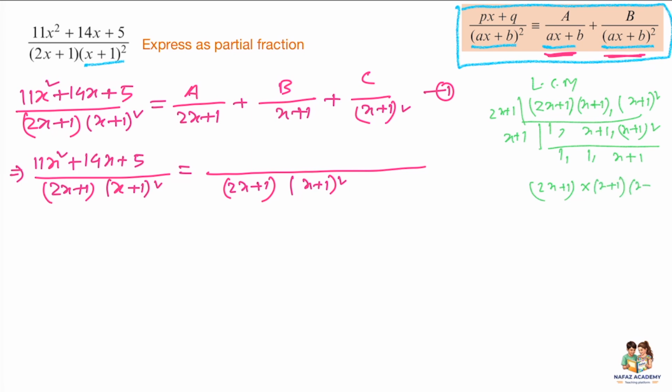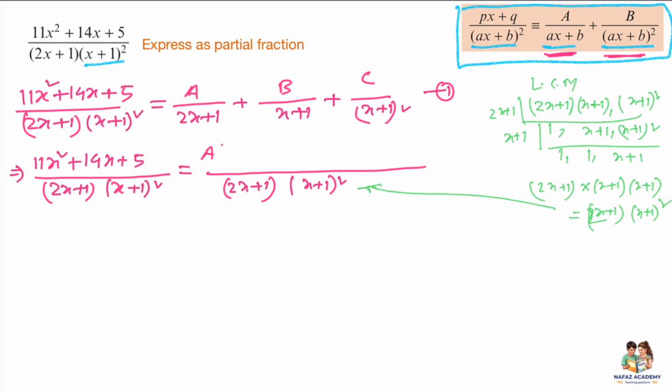So multiply all of them. So what is the value? 2x plus 1 and x plus 1 square. It is the LCM result. And now calculate the fractional problem.